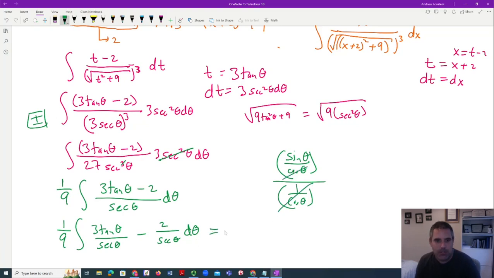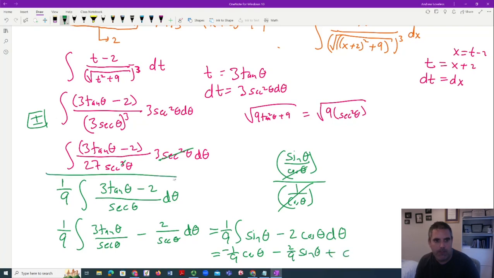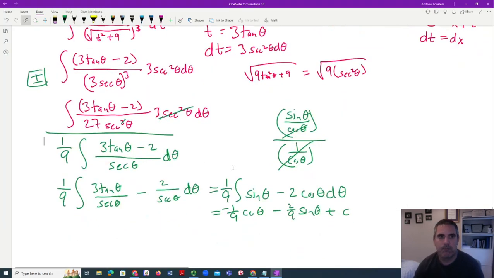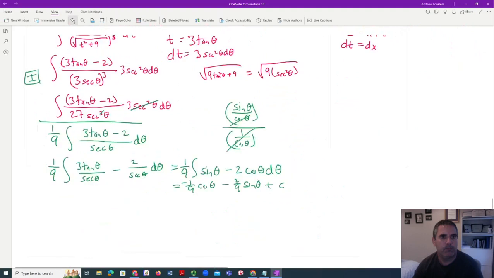So anyways, this is going to be 1/9 the integral of... I try to make these so that this part simplifies. In this case, it simplified a lot. And now we can integrate: 1/9 negative cosine of theta minus 2/9 sine of theta plus c. There's step 2 done.